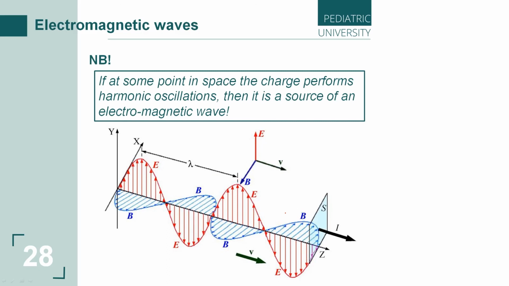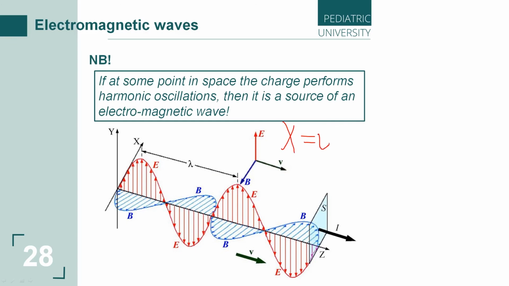And don't forget about wavelength. In bioacoustics, in mechanical waves, we said that wavelength is the length of one full vibration, one full oscillation. The same is true here. The wavelength lambda is the length of one full oscillation. How can we calculate lambda?